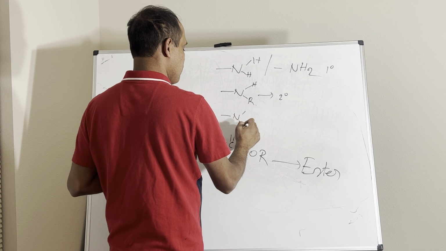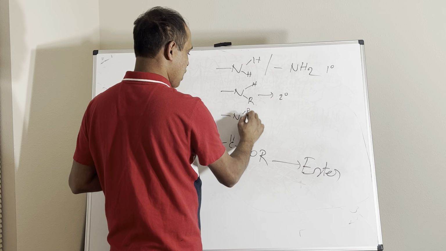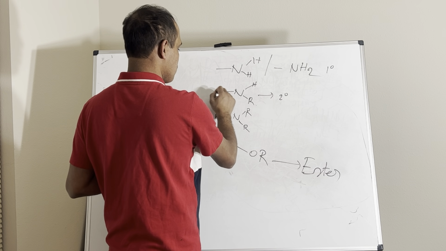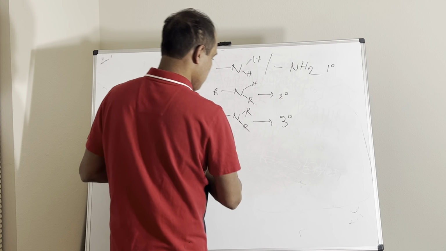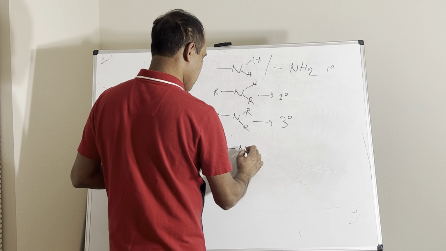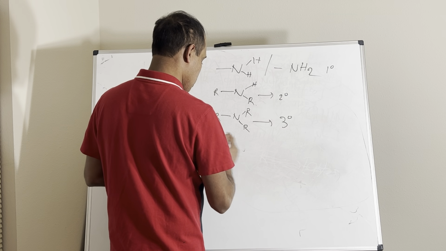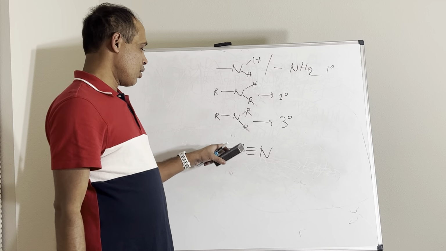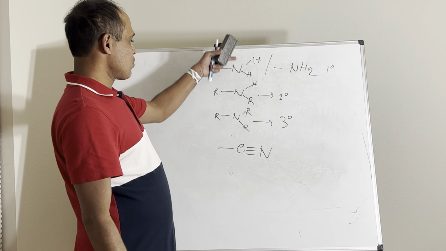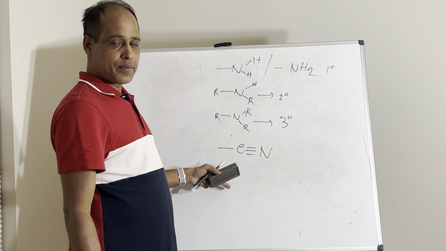And if you have nitrogen with R and R, you can say it is a tertiary amine, or your nitrogen can also be a cyanide group or nitrile group. So nitrogen-containing compounds could be these four types, okay.